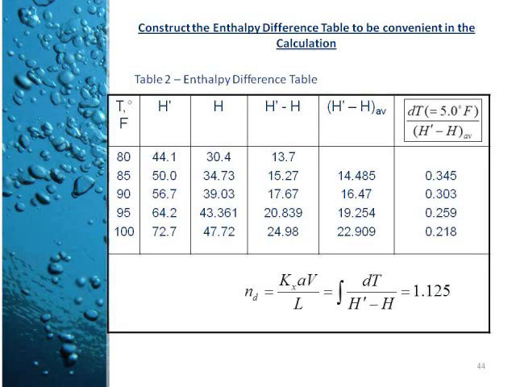Then, finally, we will use our equation by numerical integration for calculating the tower characteristic, or the parameter KAV over L, which is just equal to the integral form of dT, the temperature difference, divided by the average difference between H prime, our literature value, minus H, the outlet enthalpy of air obtained by calculation.